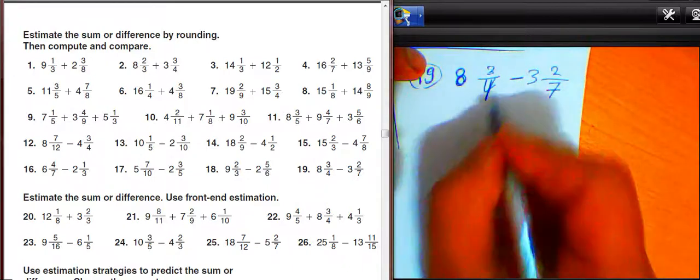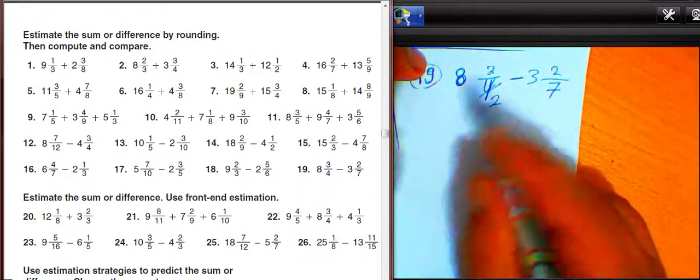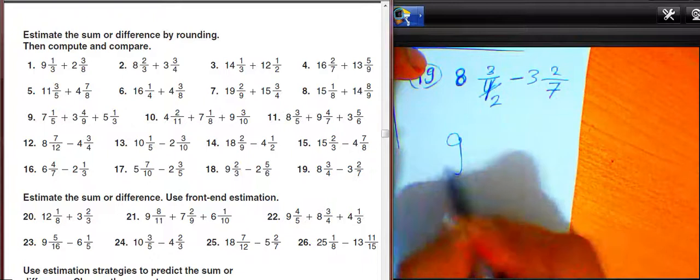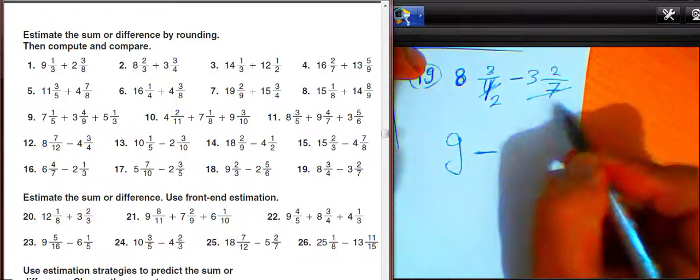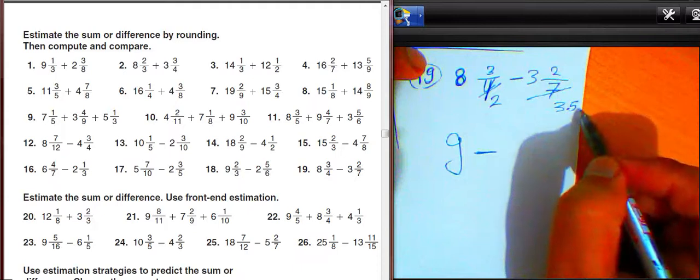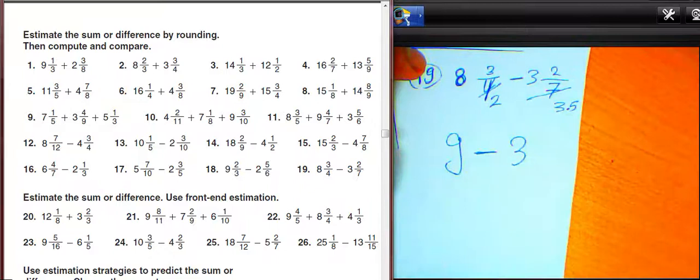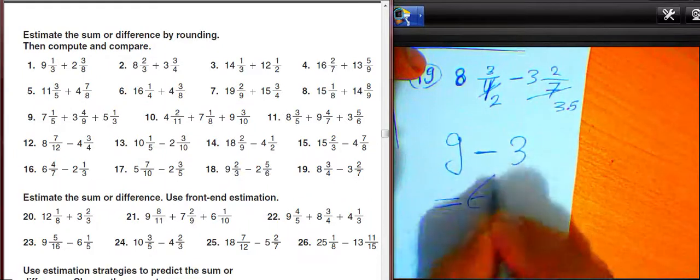Half of 4 equals 2. 3 is more than 2, so this number is nearest to 9. Subtract: half of 7 equals 3.5. 2 is less than 3.5, so this mixed number is nearest to 3. 9 minus 3 equals 6.